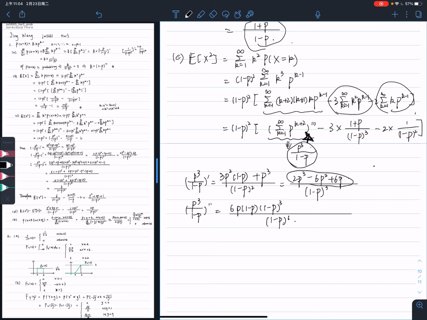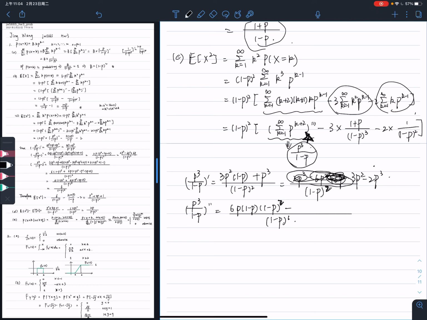So this is not cubic, this is square. Minus... so sorry. This is 3p^2 - 2p^3, this part.